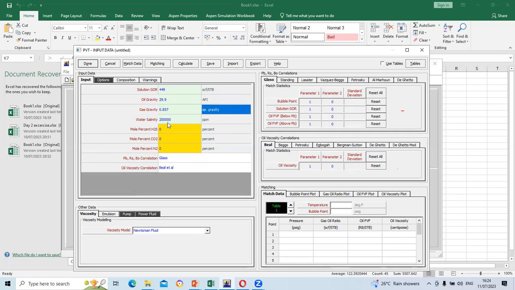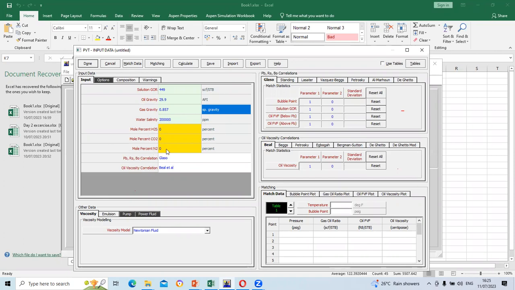I'll recheck again later. So generally, if what has been given is the amount of chloride percentage within that particular fluid, what you would do is multiply it by 1.6 to get the salinity in parts per million, because salinity can be given in chloride percentage or in parts per million.